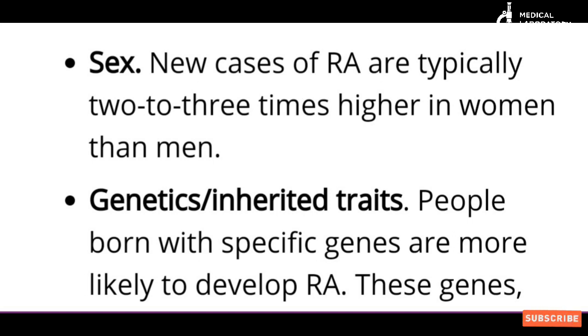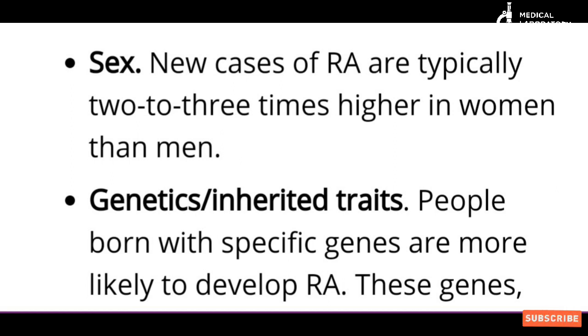Next is sex or gender. New cases of rheumatoid arthritis are typically 2 to 3 times higher in women than men. So in females there is more chance to develop rheumatoid arthritis as compared to males.